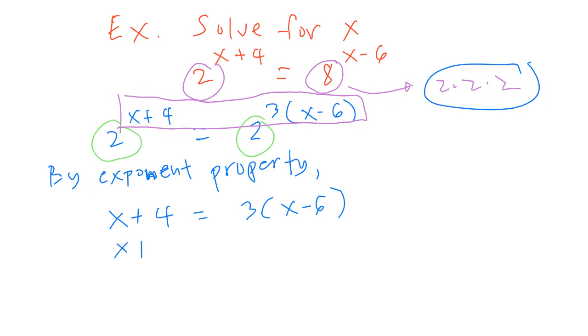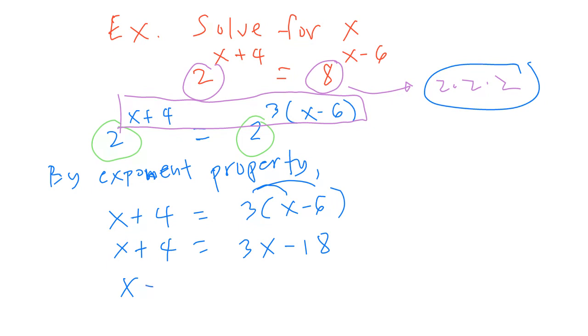So let's just copy the left side equation here and distribute the 3 here. So you multiply 3 times x, that gives you 3x. 3 times negative 6, that's negative 18. And then combining like terms, so you'll get x. We have to move 3x to the left side.